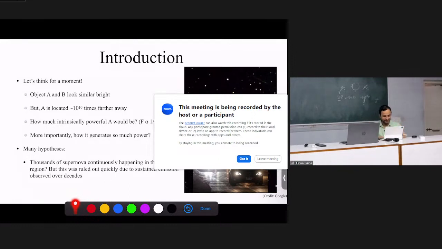Sleeping, full sleep. Okay. But the point is that when we were observing these objects, we found that they remain that bright for decades. So this means those many supernova events need to keep happening for decades. And then you can do a simple mathematical calculation. You know the luminosity of the object, and you know the typical energy released by one supernova explosion.